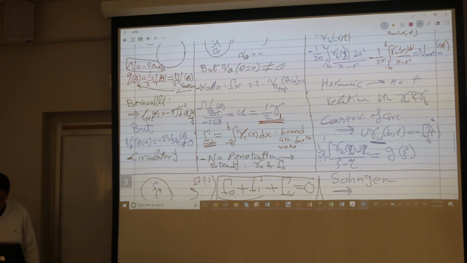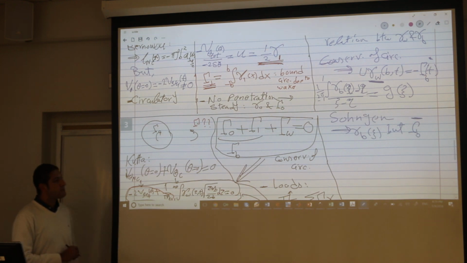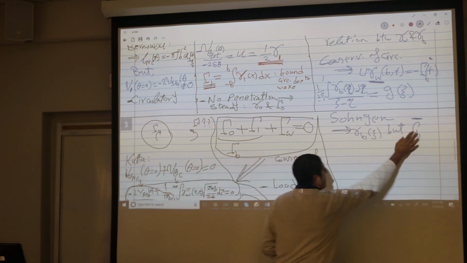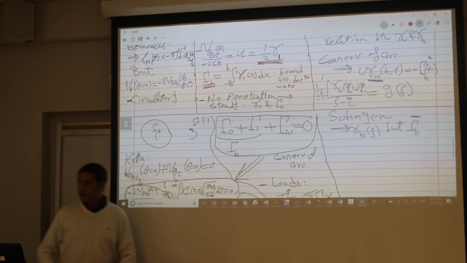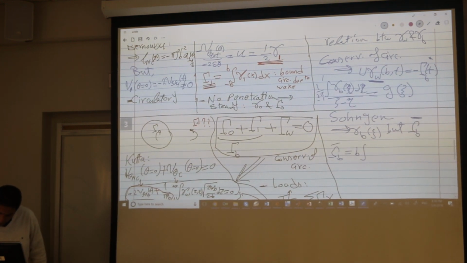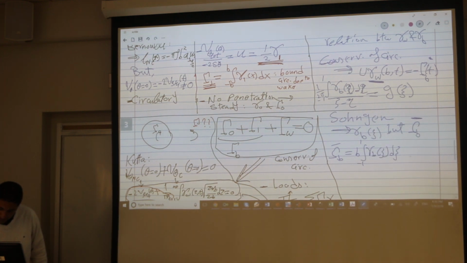To get gamma bound, but there is an unknown. But it's not a new unknown. Why? Because this is the total amount. This, right? So gamma bound is the integral from negative 1 to 1 of gamma bound of zeta d zeta. Immediately gives you gamma bound. We're done. Okay?